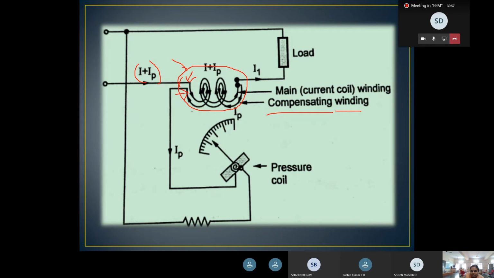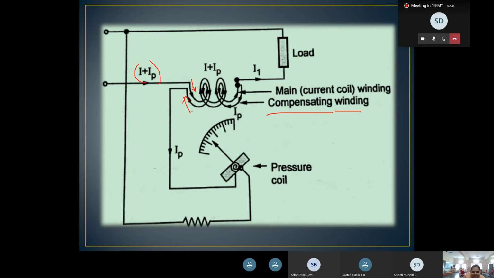Next, observe here: this current is in this direction, but the IP current flowing is opposite to that.